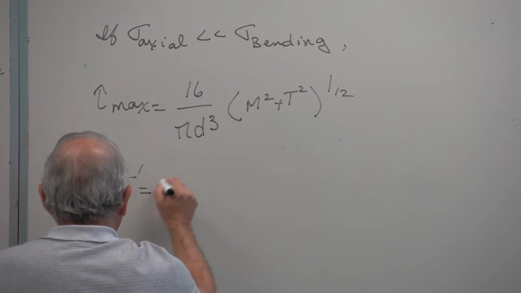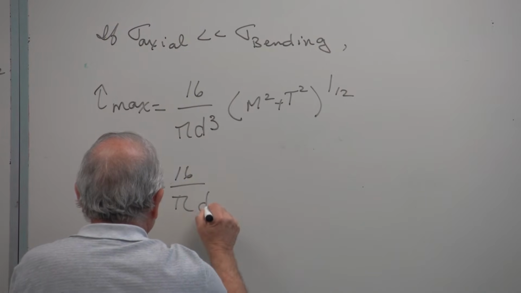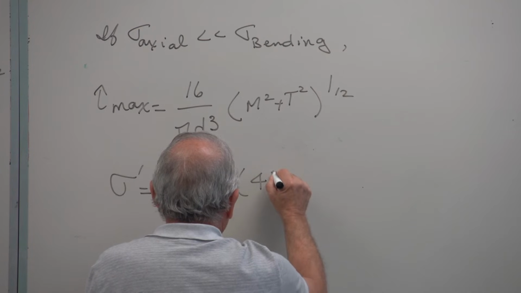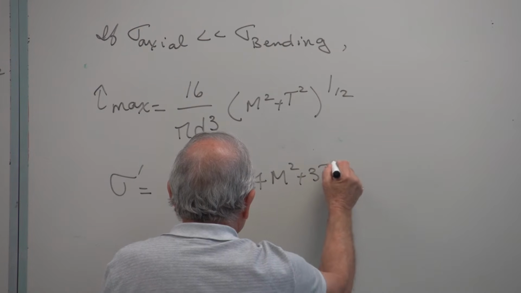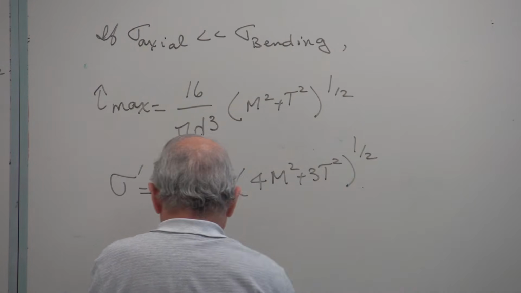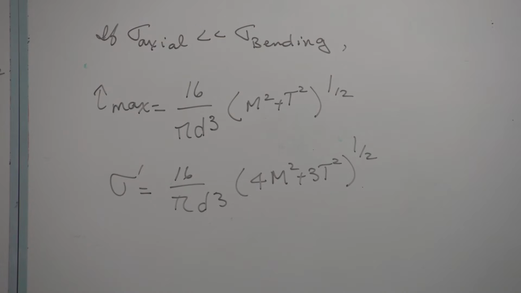Sigma prime equals 16 over pi d cubed times 4m squared plus 3t squared to the 1/2. So as soon as you find the moment and the torque, you can find the critical stresses very easily.